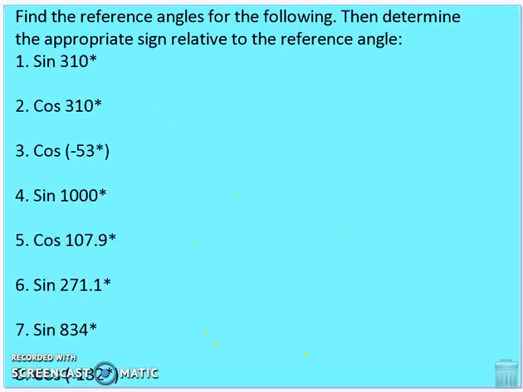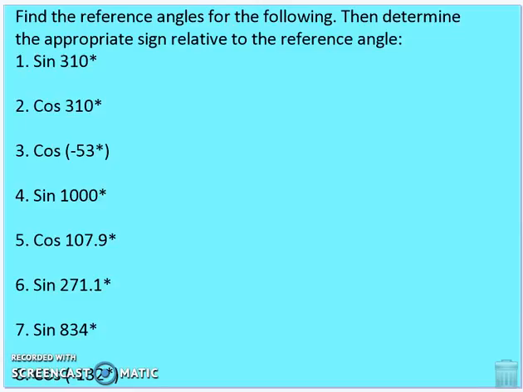Now I want you to take a moment to fill out these values, and then we'll come back and I'll show you the answers. What you're going to do is find the appropriate reference angles for the angles in question. Then I want you to determine whether it's the same sign as the reference angle or not.